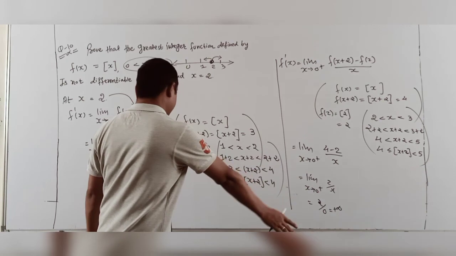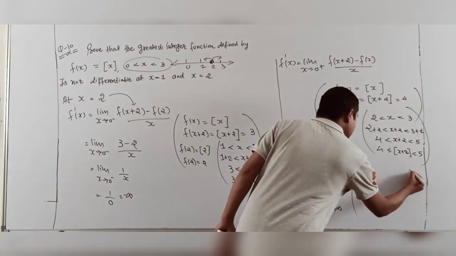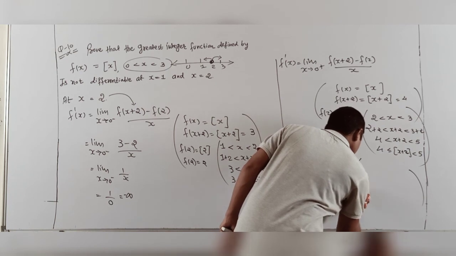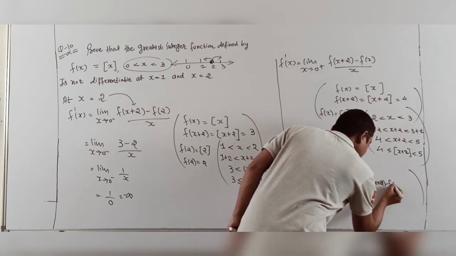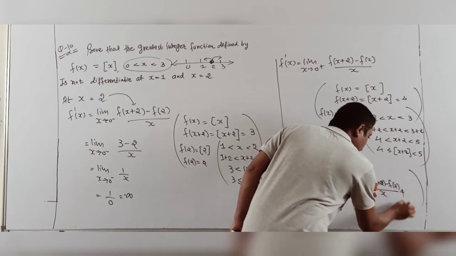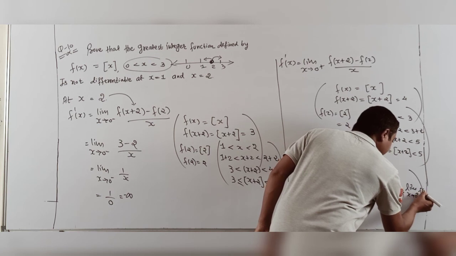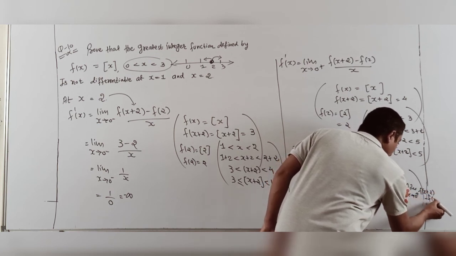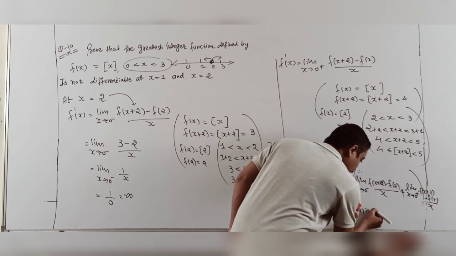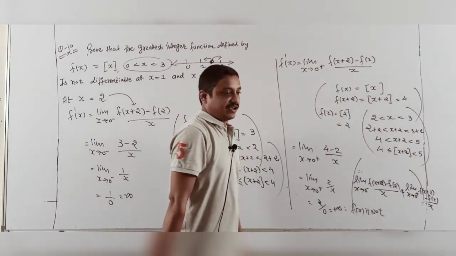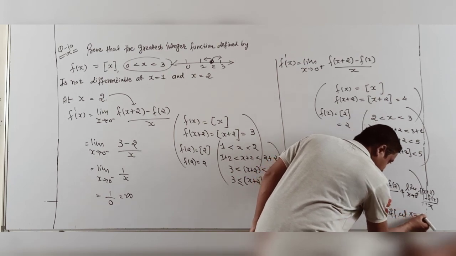Finally, this answer is not the same, actually not defined there. So I just tell you, lastly, the limit as x tends to 0 negative of f(x+2) minus f(2) upon x is not equal to the limit as x tends to 0 positive of f(x+2) minus f(2) by x. So f(x) is not differentiable at x equal to 2.